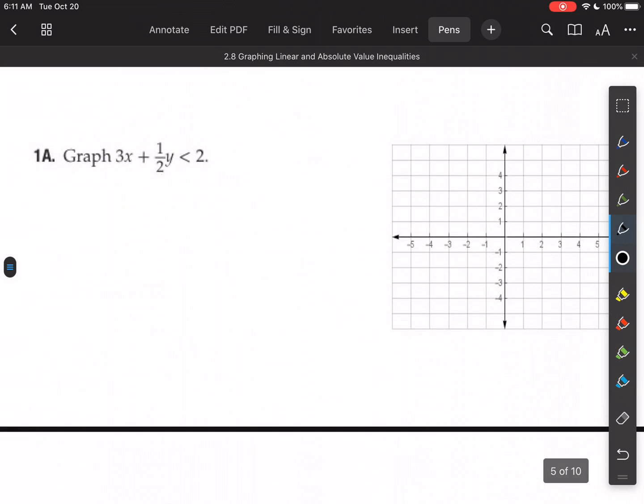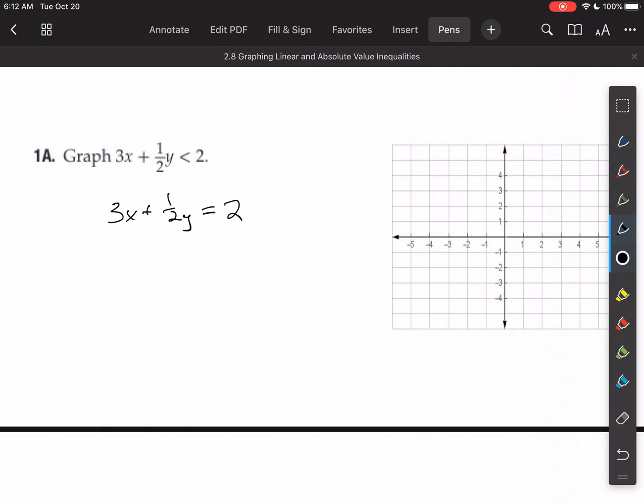So here, let's graph one. It says graph 3x plus 1/2 y is less than 2. This is in a different form than y equals mx plus b, slope-intercept form, but we can actually use it and graph just this line.